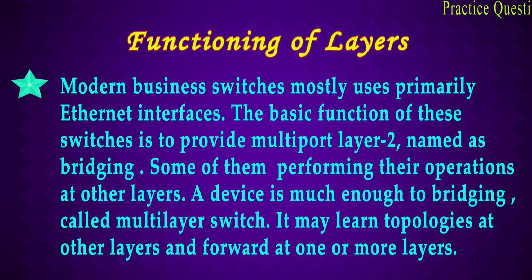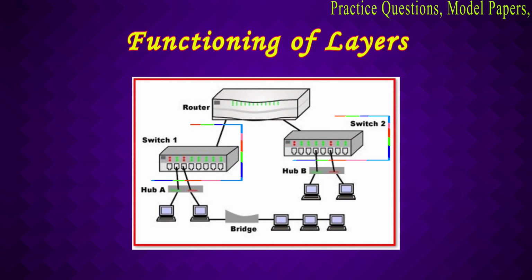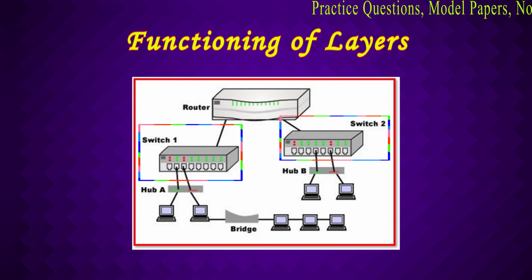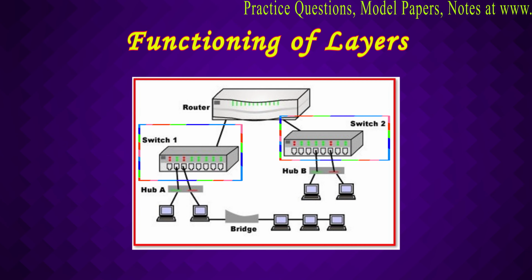Bridging means transferring data from one point to another. So these are the two names provided to switches. In the diagram we can also see two switches. They work in different layers of the OSI model, and that is why it is called multi-layer switching.